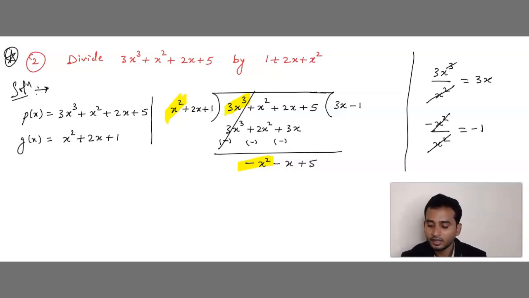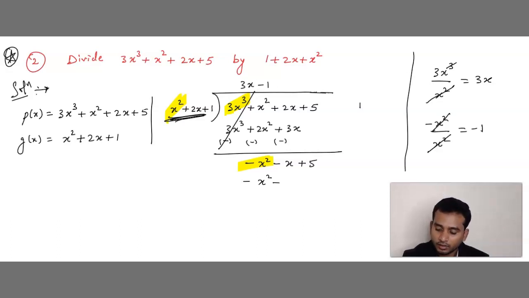Now multiply plus into minus. If you are getting confused, then you can write these terms here also. That is 3x and this is minus 1. Anyways, we are multiplying these terms with minus 1.